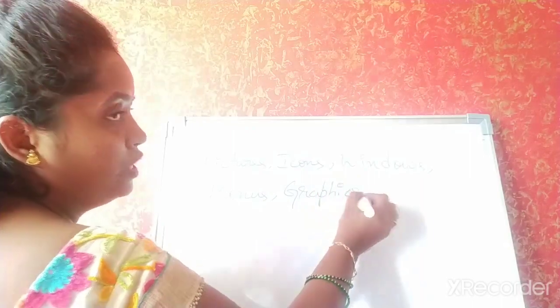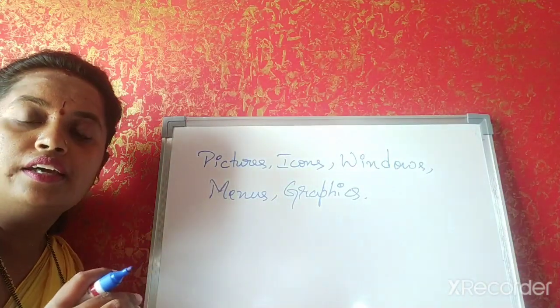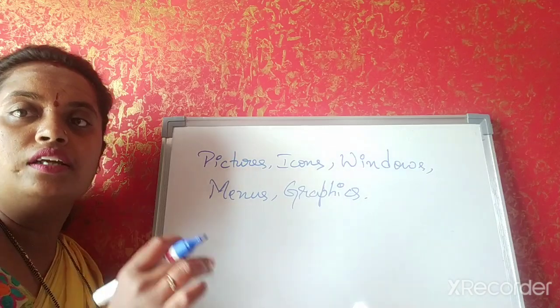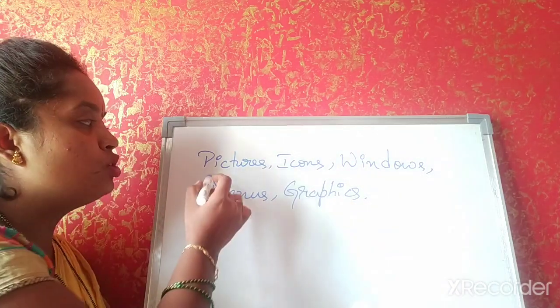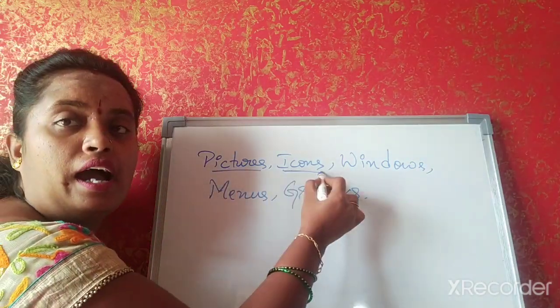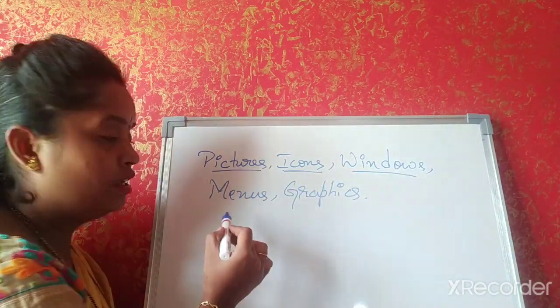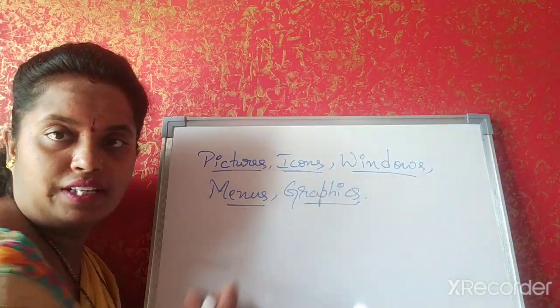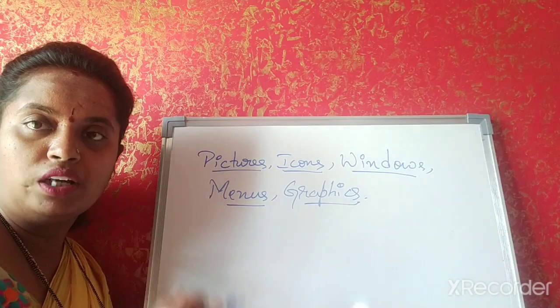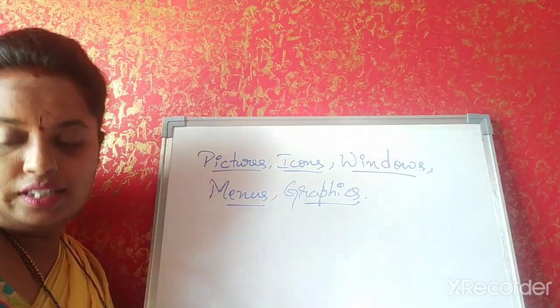When I ask you what does the GUI contain, you can tell: GUI contains the pictures, icons, windows, menus and graphics. Understand, children? So this is what the GUI contains.